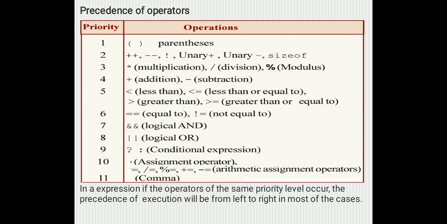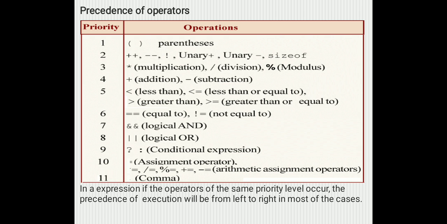Fifth priority: less than or equal to, greater than or equal to. And sixth, double equal to, that means equal to, and next not equal to. In second priority it is the logical negation, the logical not operation. The not equal to symbol is used in the sixth priority. And seventh priority logical and, eighth logical or, and ninth is the conditional operator.